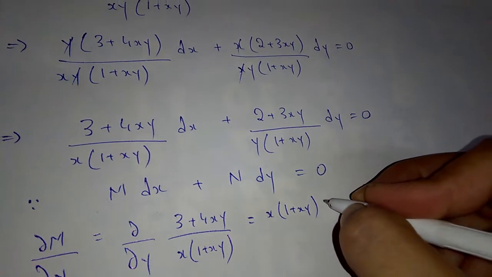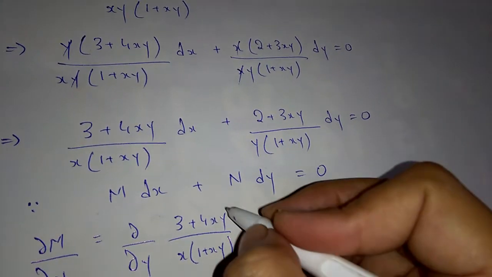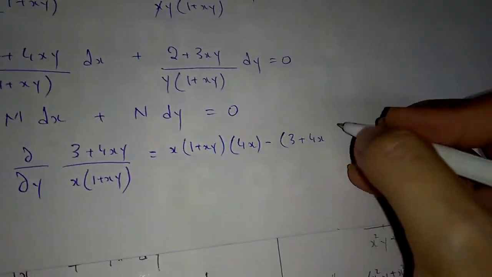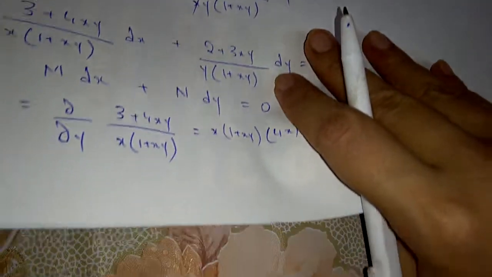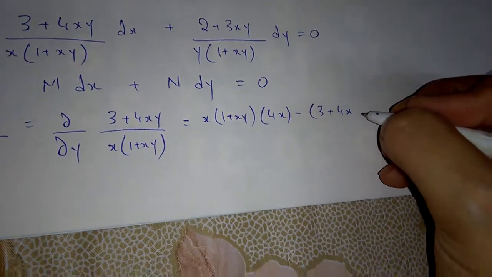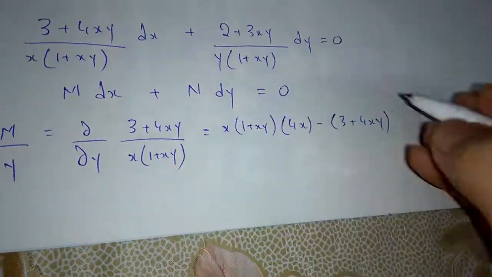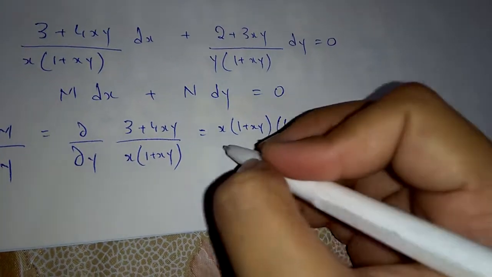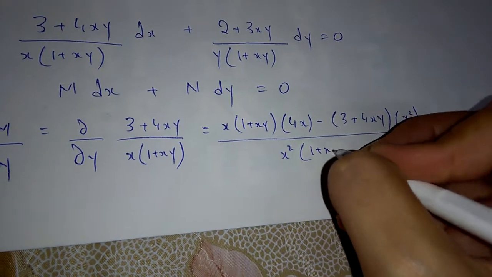So what is going to be left here is 4x minus this thing into the derivative of this stuff. So it's going to give me x squared upon v squared, which is this.